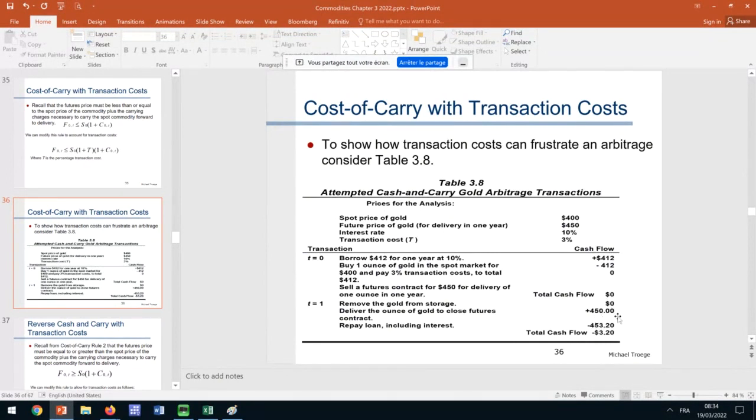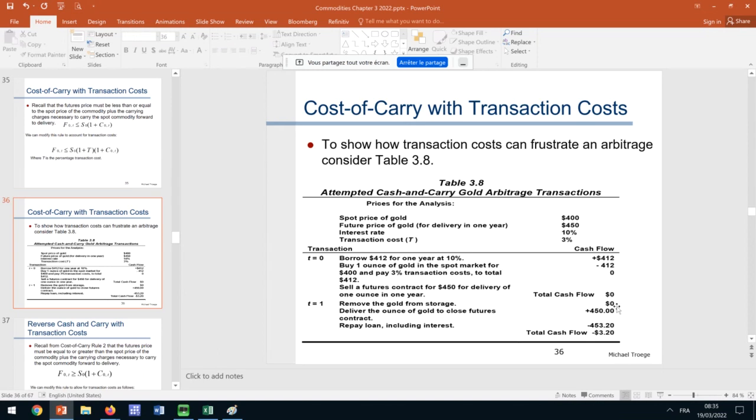Then we have our unwinding operation. Now the problem is that the loan plus the interest on the transaction costs will actually be too expensive. So this will exceed the amount of money that we will have made from the stored gold.